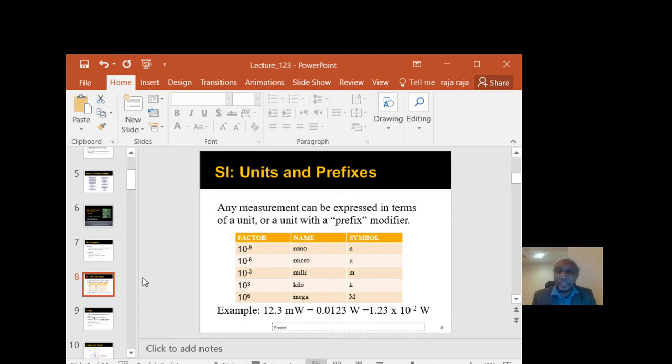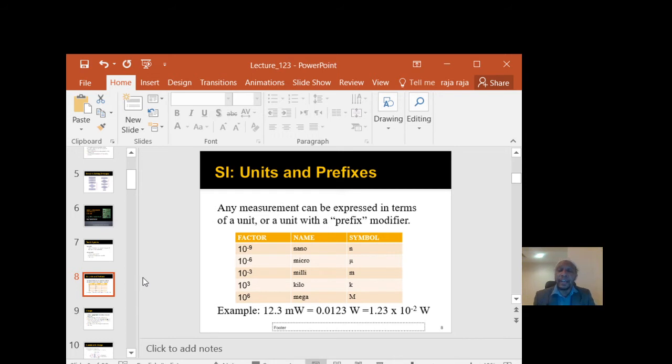Milli is 10 power minus 3, and the symbol is m. And kilo is 10 power 3. This we also know: 1 kilo, 2 kilo of food, chicken, whatever, in terms of kilo, that is 10 power 3, and the symbol is k. The last one is mega, 10 power 6, the big one, with symbol M.